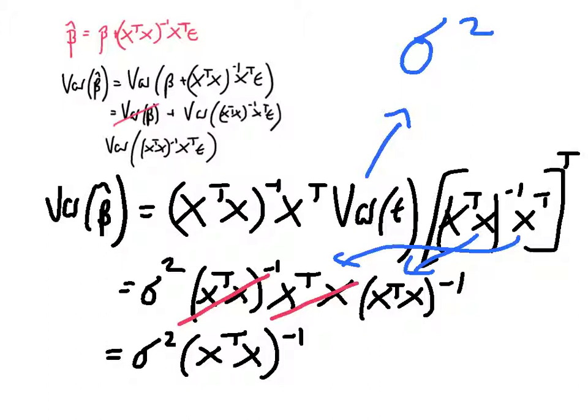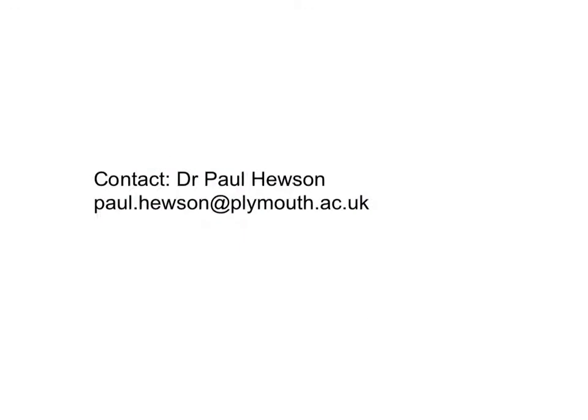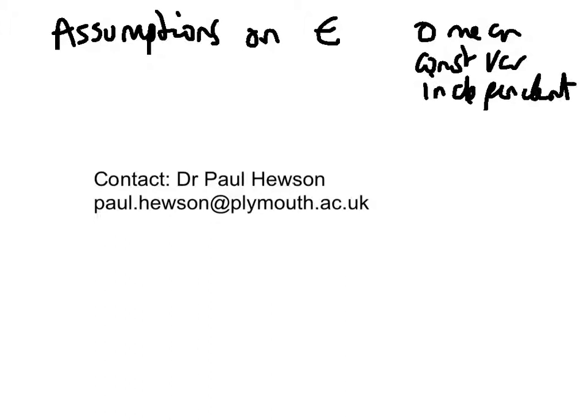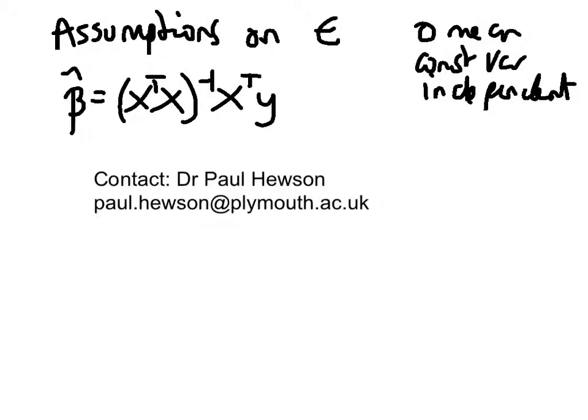Okay, so what we have to make are assumptions on epsilon, such as zero mean, constant variance and independent, and if we make those assumptions, then the estimator given by beta hat is (X^T X)^-1 X^T y, then this estimator is the so-called best linear unbiased estimator.